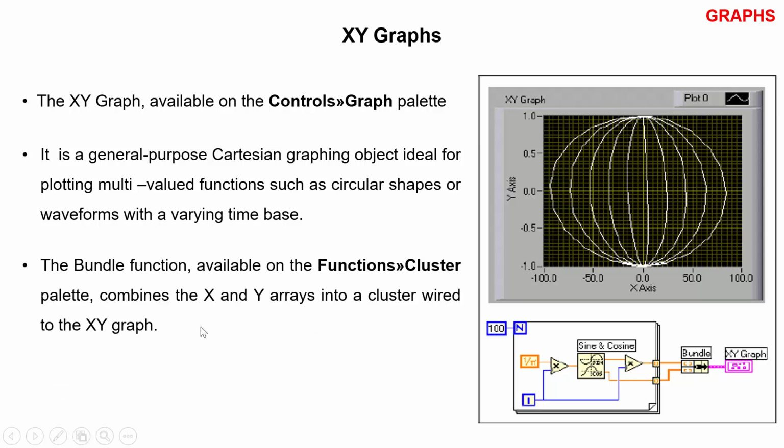The bundle function available on the functions palette and cluster subpalette combines the x and y arrays into a cluster wired to the XY graph. Now the corresponding values of x and y are plotted. One is taken on the x-axis and the other is taken on the y-axis.